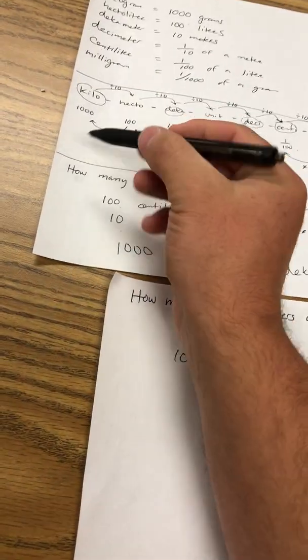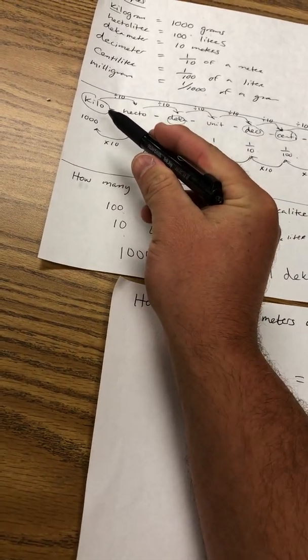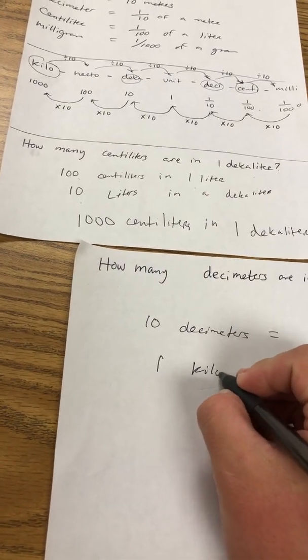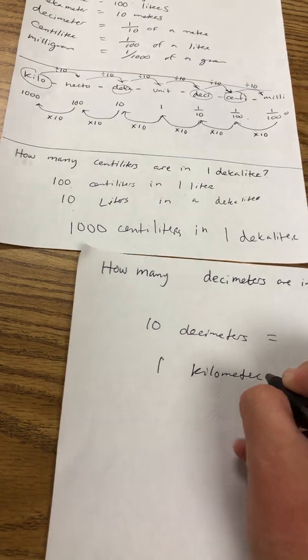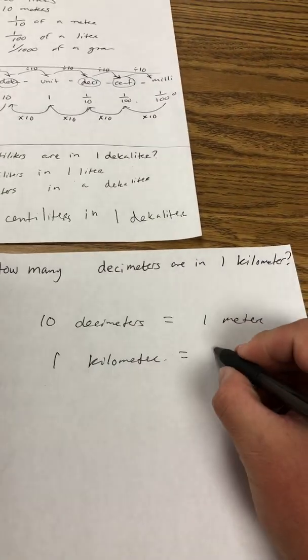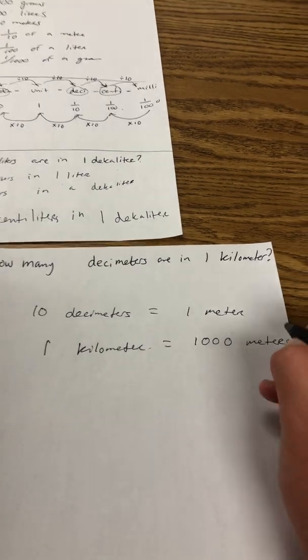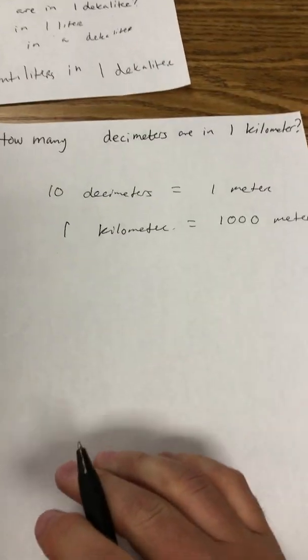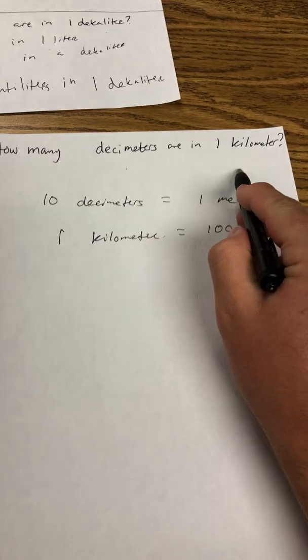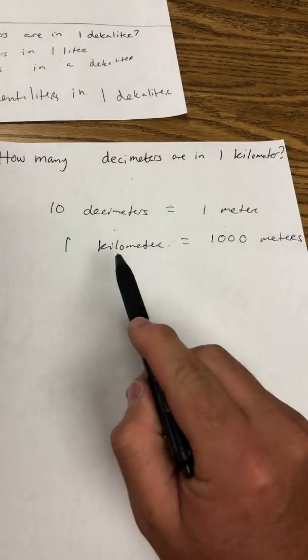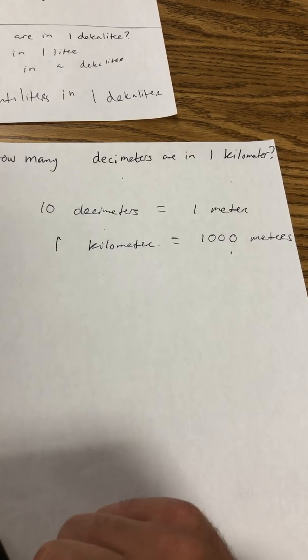And I also know that 1 kilometer equals 1,000 meters, okay? So this gives me a really good starting base because I'm looking for how many decimeters are in 1 kilometer. Well, there's 10 decimeters in 1 meter, and 1 kilometer is 1,000 meters.